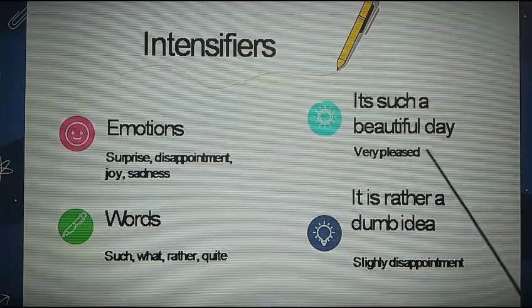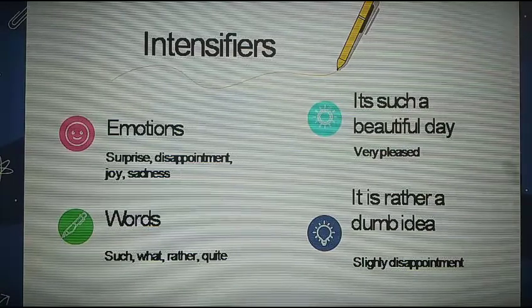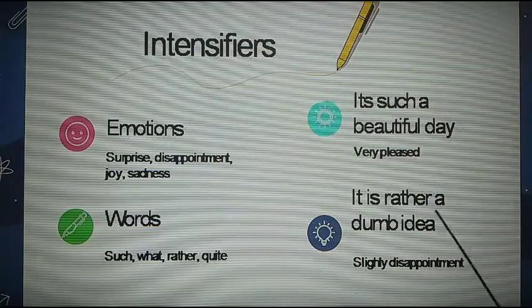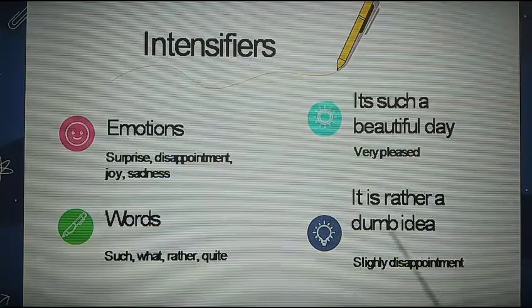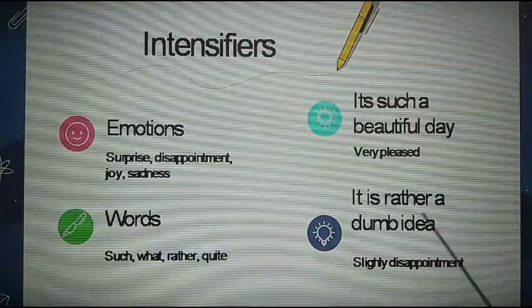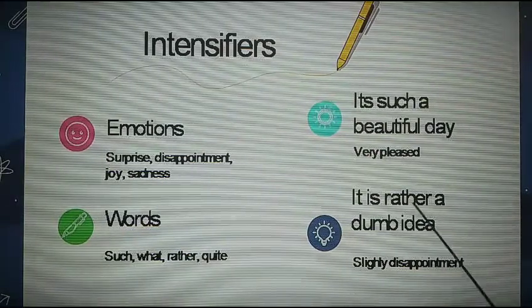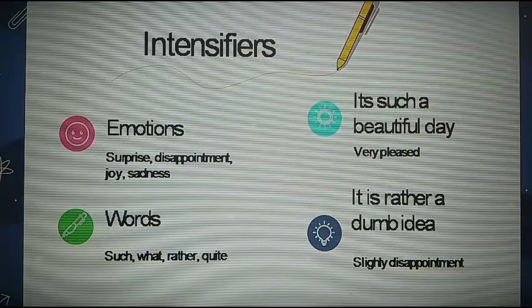Another example, to give less intensity to an emotion: it is rather a dumb idea. So I am a little disappointed about that idea. I think it's dumb. So the disappointment, I am giving intensity with the intensifiers.